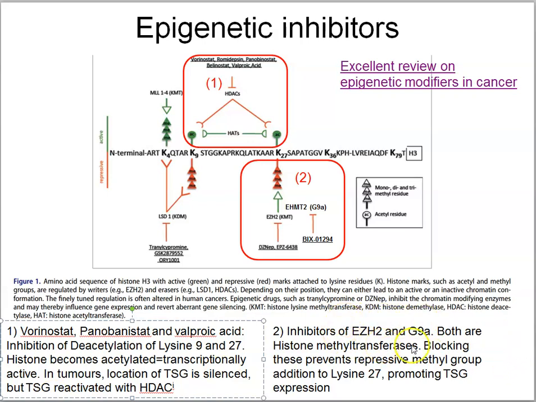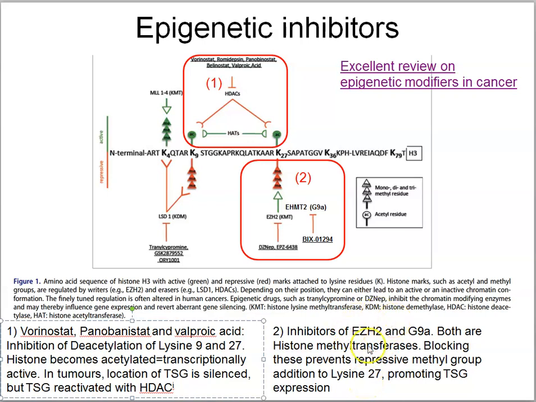Similarly there are some of the histone methyltransferases, such as EZH2 and G9A. These two enzymes add on methyl groups, so silence DNA, or silence chromatin, and in cancers you tend to get lots of methylated histones at lysine 27 around the location of tumour suppressor genes.